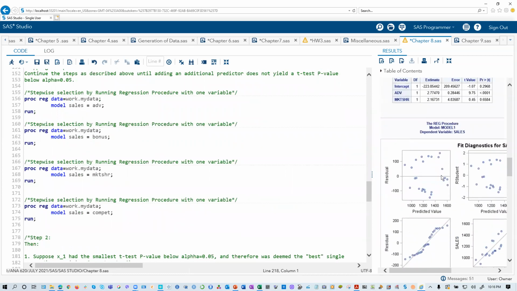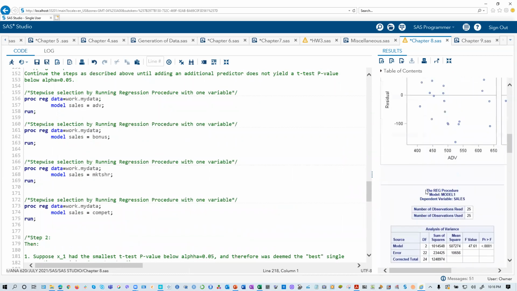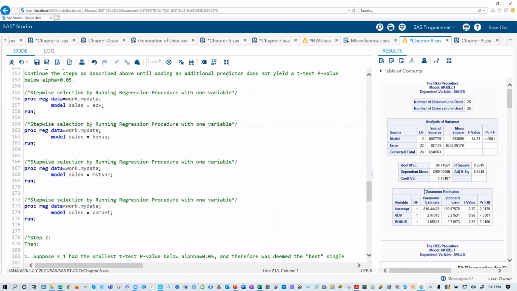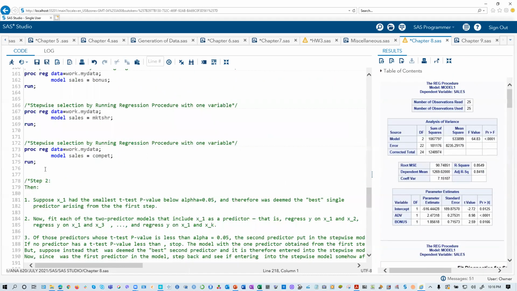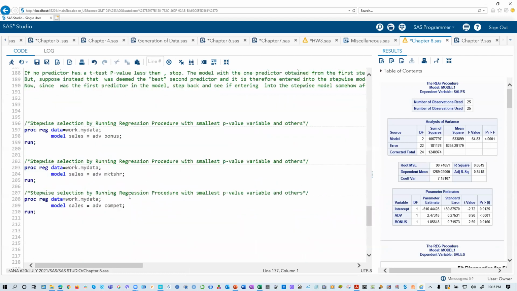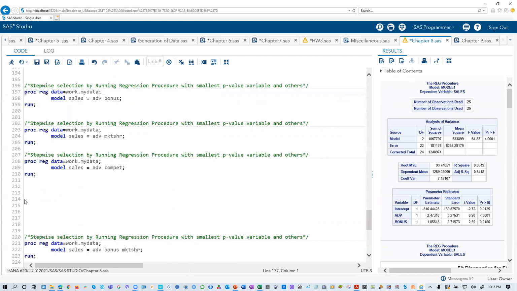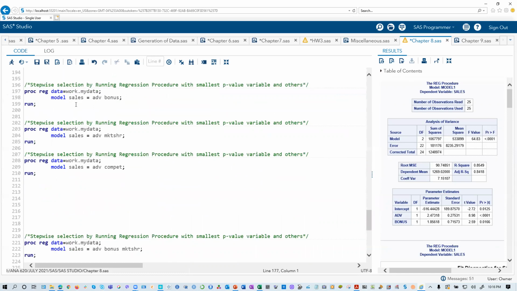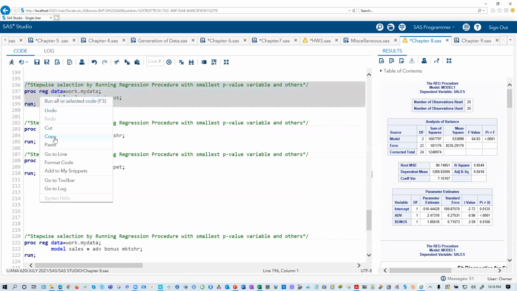Okay, I'm gonna go to this one. It's already run, advertising and the market share. With both of them, if you want, you can run again. Advertising and bonus, advertising and market share. Again, you're gonna run this one by itself because the bonus has the least p value.